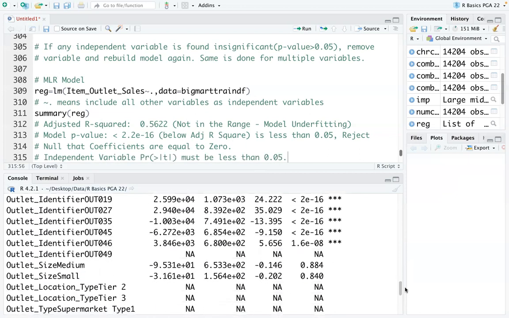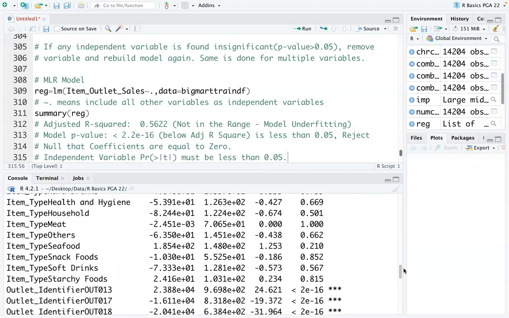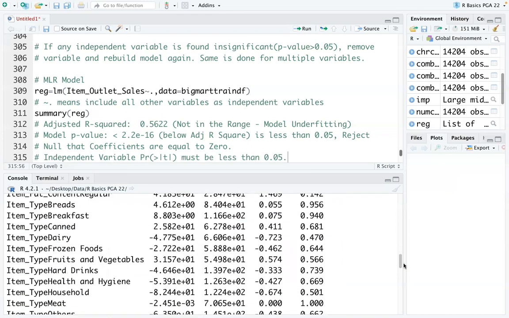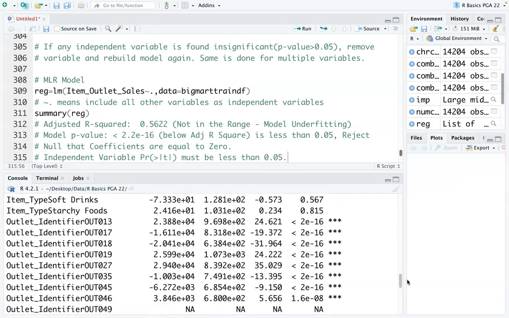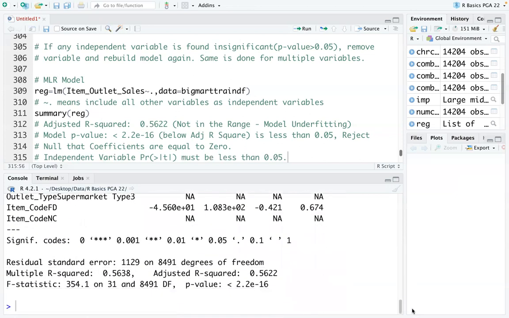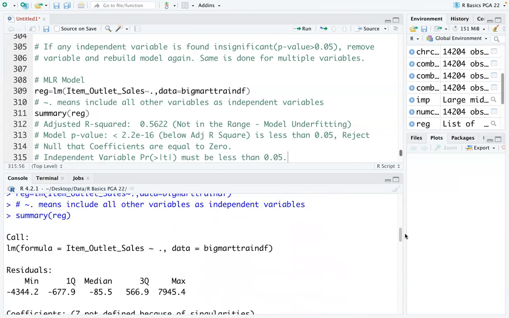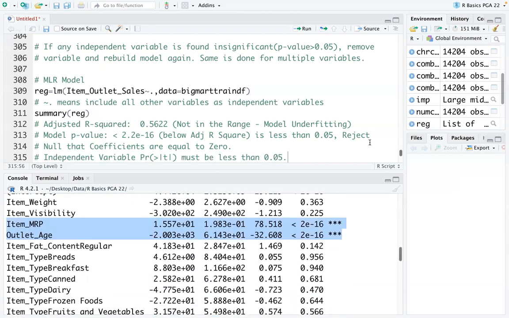All the outlet identifiers are significant. So we have only 3 variables that are significant: item MRP, outlet age, and outlet identifiers. The rest are non-significant.